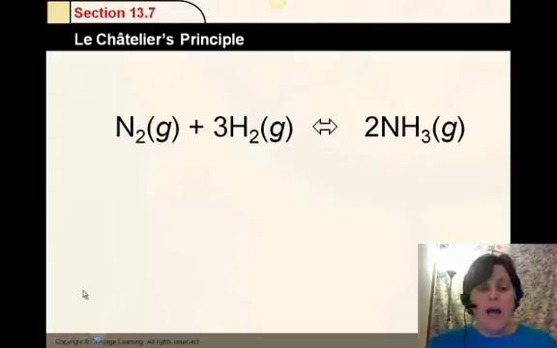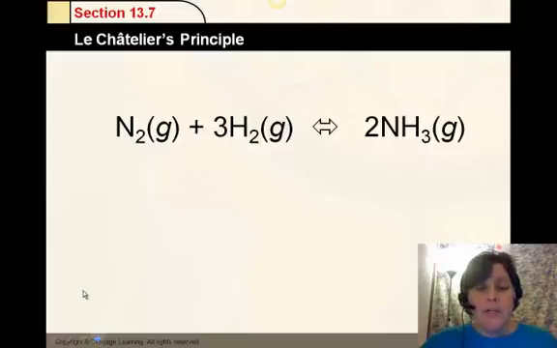If I want the reaction to shift left, what might I be able to do to achieve that? Well, once at equilibrium, to shift the reaction left, I could do several things. I could increase the concentration of ammonia, that would shift it left. I could decrease the concentration of nitrogen, or decrease the concentration of hydrogen. Both of those would shift the reaction left because the reaction would react to the stressor to shift it back.